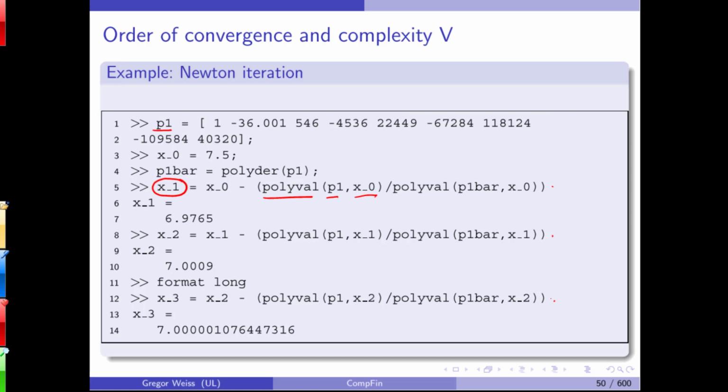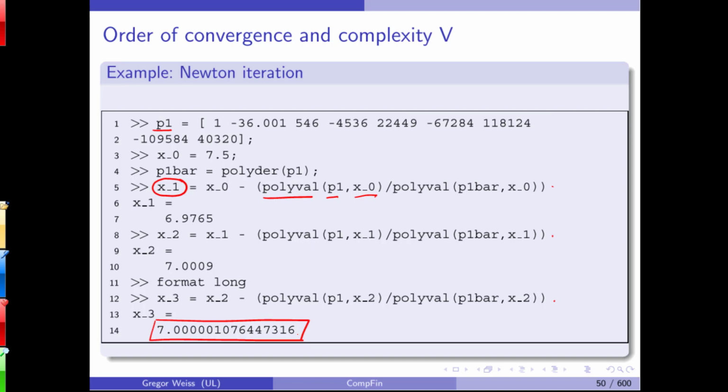1, 2, 3 iterations. And as you can see, we will get 7.00000010 and so on. Three iterations, and we've already found one solution, 7. As you remember, the initial polynomial had 1, 2, 3, 4, 5, 6, 7, and 8 as roots. And after 3 iterations, the Newton algorithm will give you a very good close approximation to one of these roots.